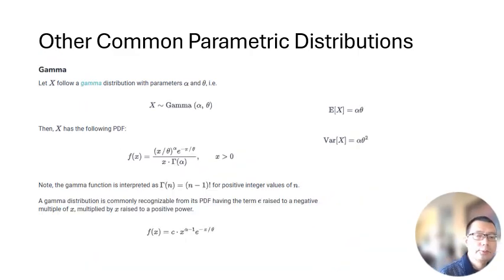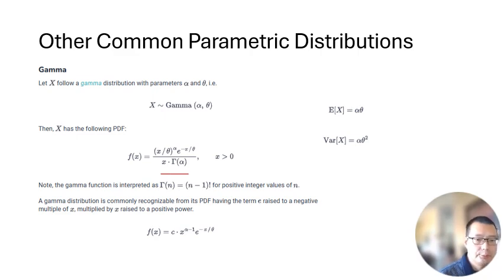The next distribution that we are going to cover is the gamma distribution. The gamma distribution has two parameters, alpha and theta, and X has the following PDF: f of x is equal to this.